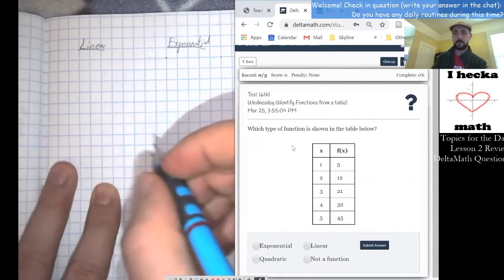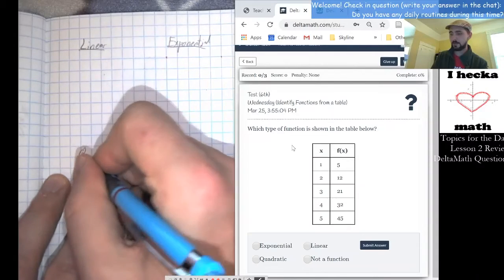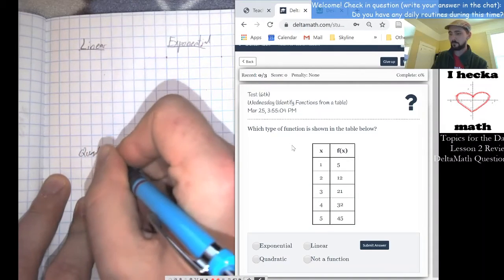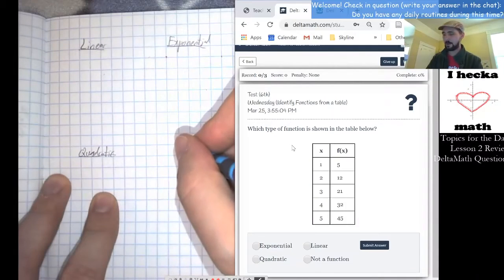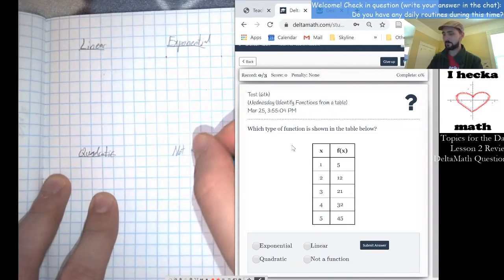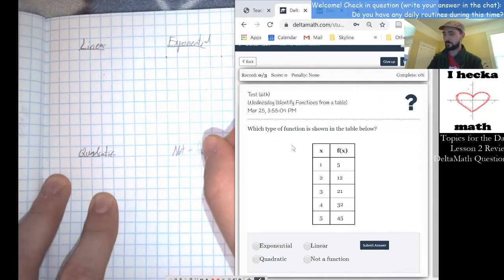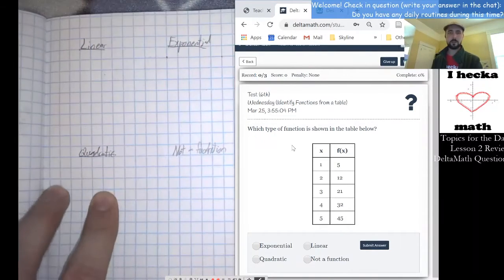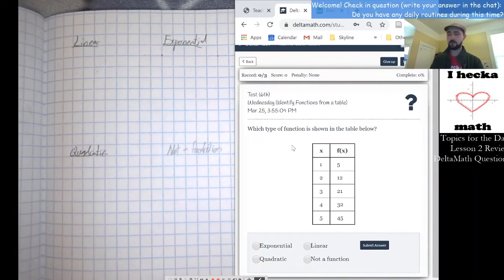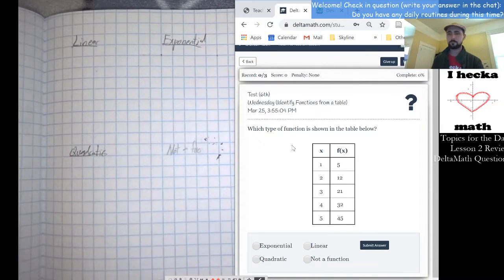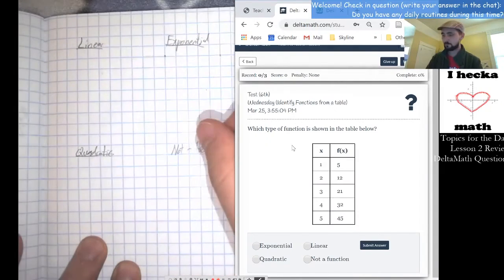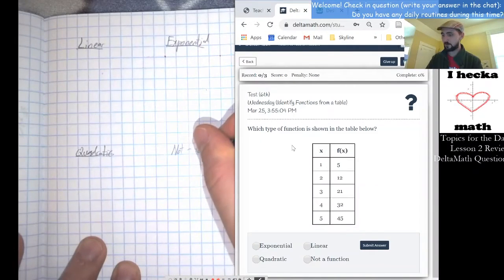We need to find a quadratic example. And we need to find a non-function. That spelling was hard. Let me try that again. Non-function.